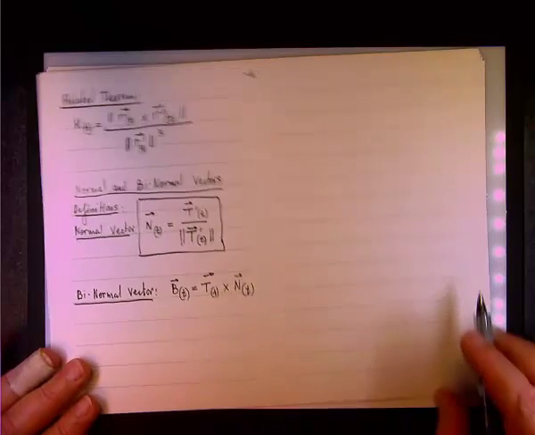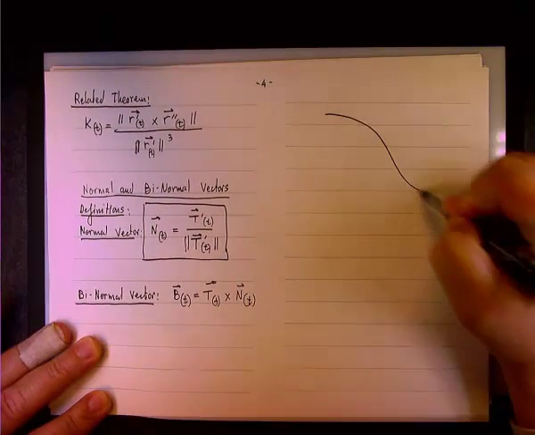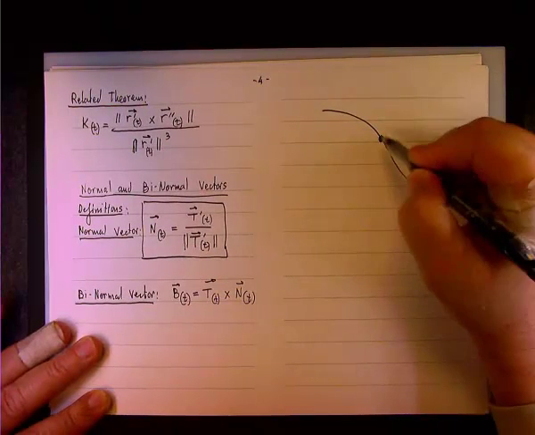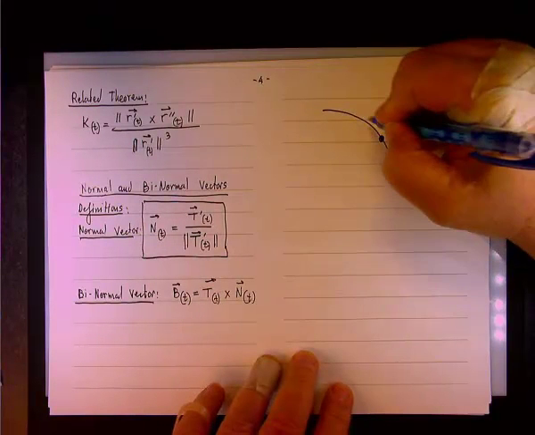Well, one thing we know already, that the normal is orthogonal with the tangent, right? So if you have a curve like so, and you pick a point where you have a certain value of t, the tangent will be this vector.